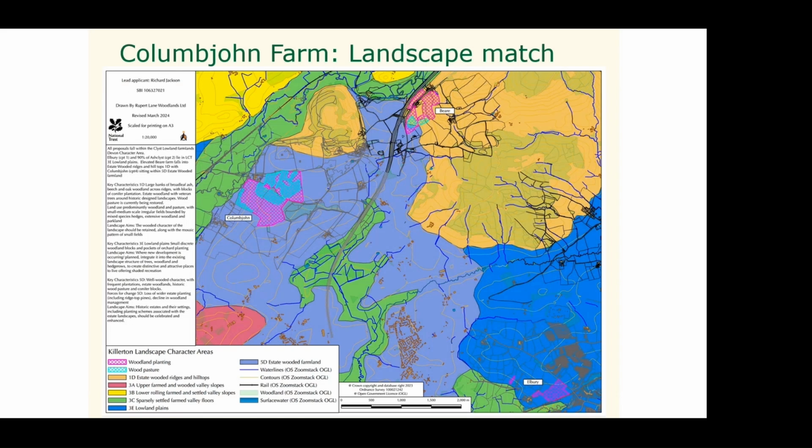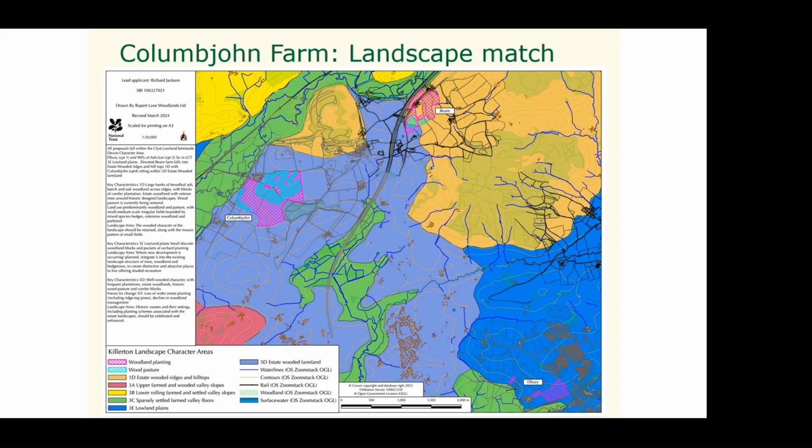And this is a really interesting map that shows you the landscape character of the Killerton estate. We're looking at a design up through here, which is the Column John design, but you can see it's in a landscape character called estate wooded farmland, which is this kind of mauve blue color.